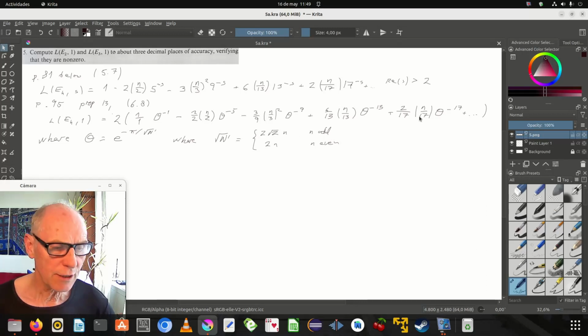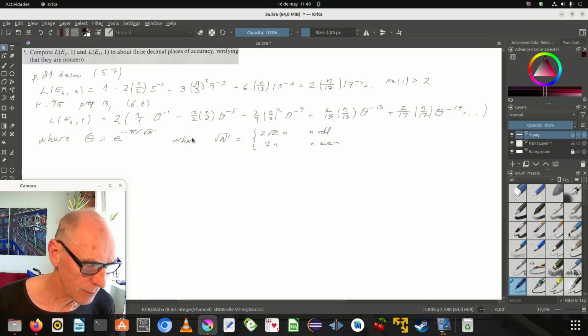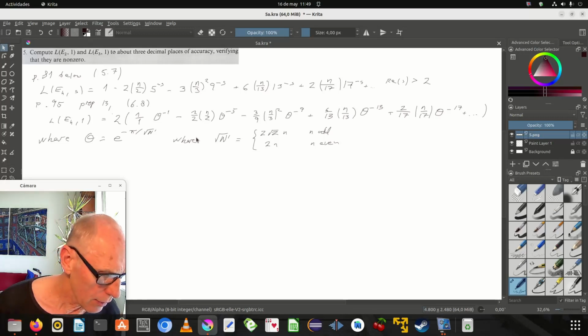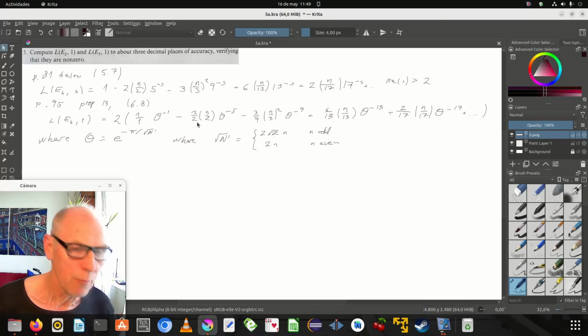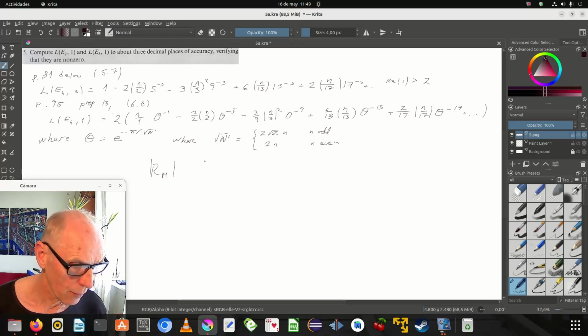Now what we need is to say we do it to 4 decimal places, and that means that we need to use the remainder, the formula for the remainder, and that's on page 96.